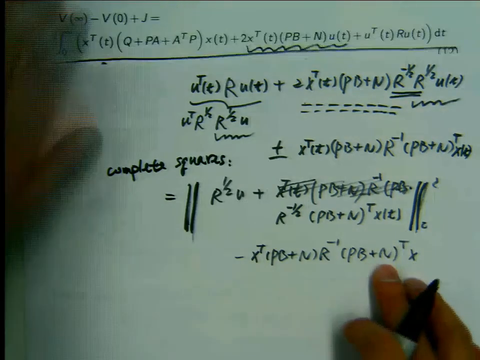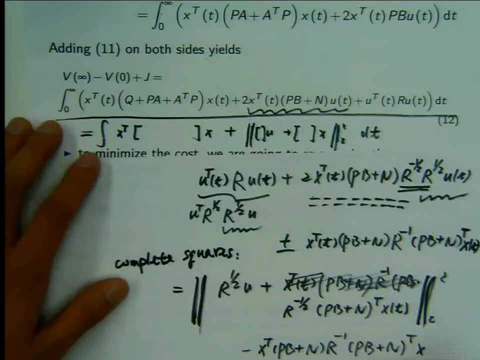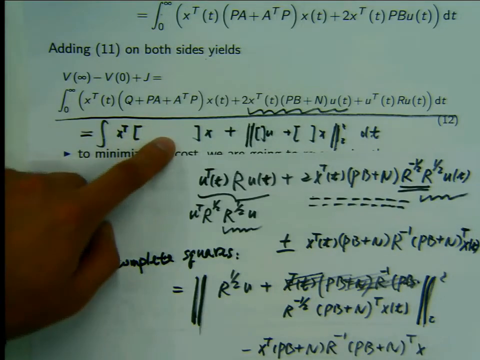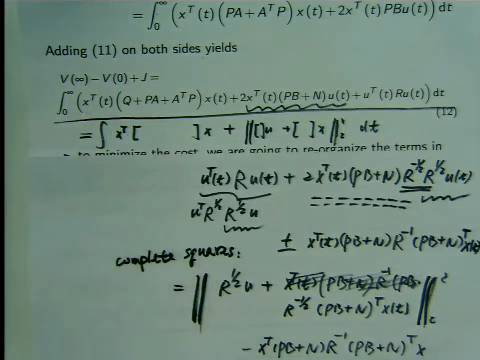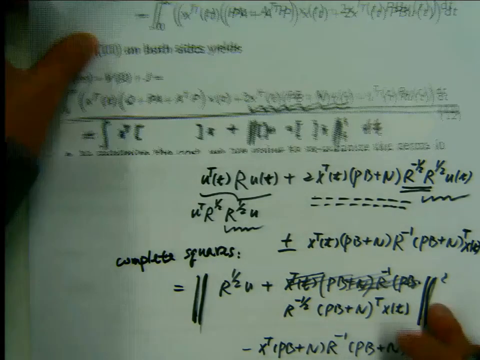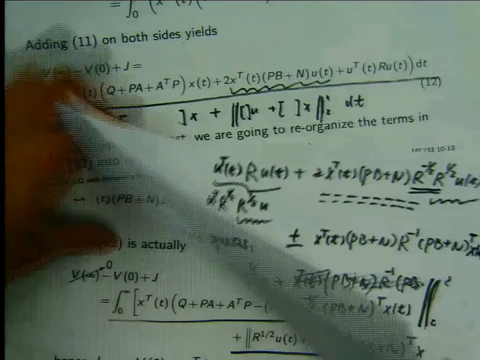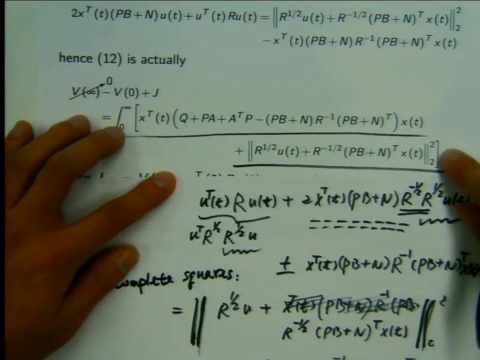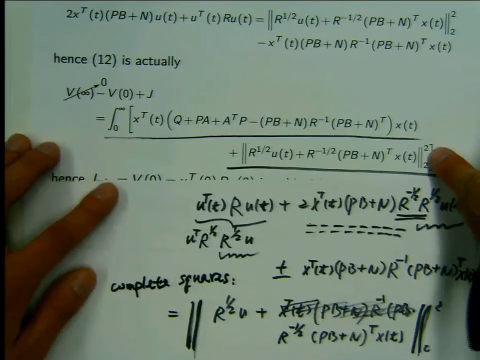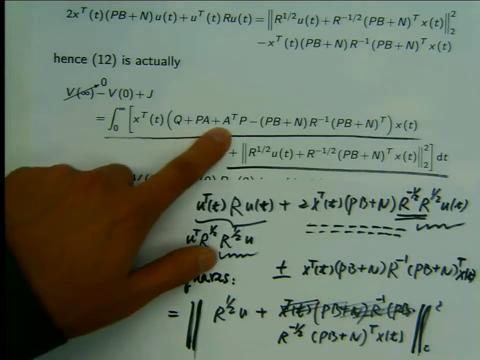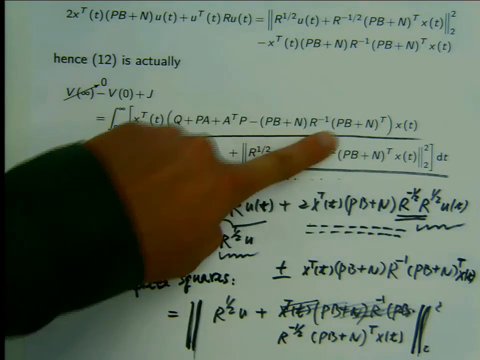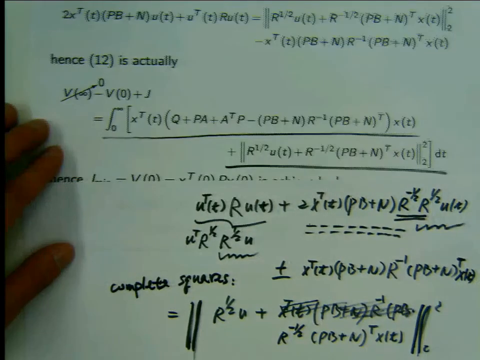So if you do that, then we have essentially got something in this structure, and then this guy will be combined to here. And the full expression is going to be this. You see this square term, and then this term is going to be combined to the square term of x, pb plus n R inverse pb plus n transpose.